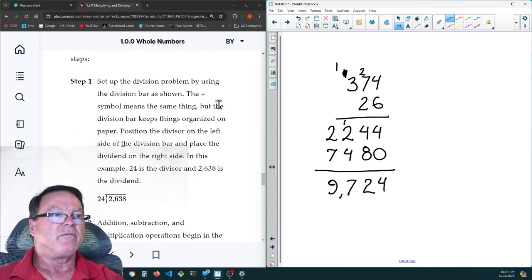Set up the division problem by using the division bar as shown. The division symbol means the same thing, but the division bar keeps things organized. I know that there are different ways to do this. If you have been taught a different way, that's fine. If you know how to do division, you can do it. Other countries in South America and Europe use a different way of doing this.